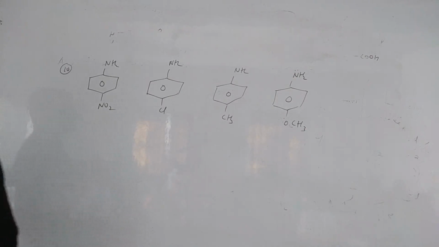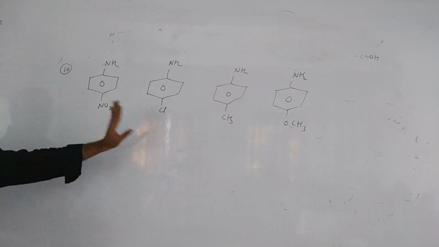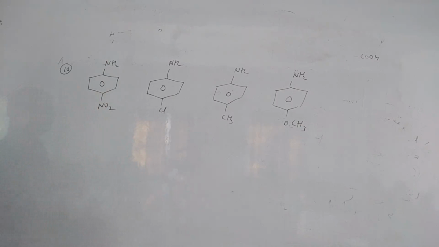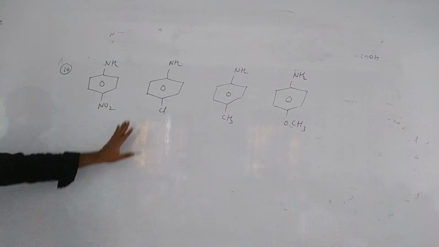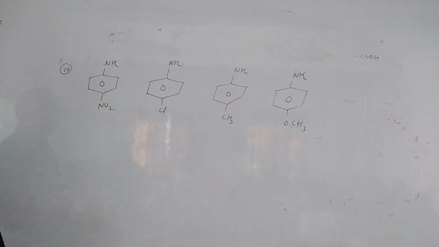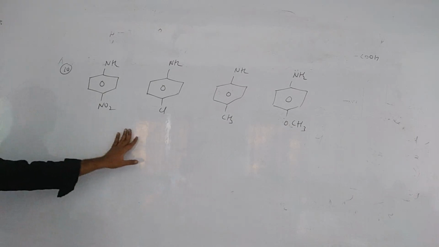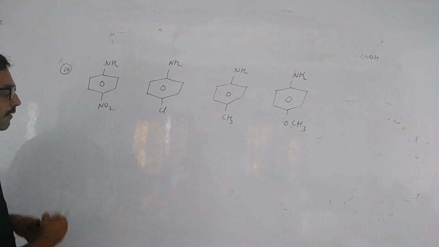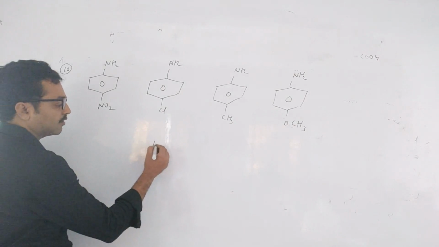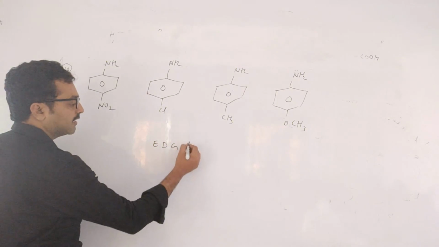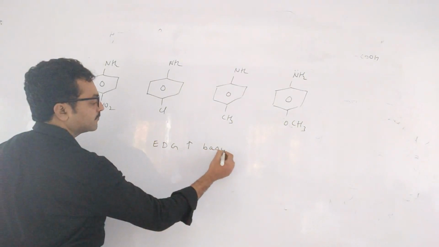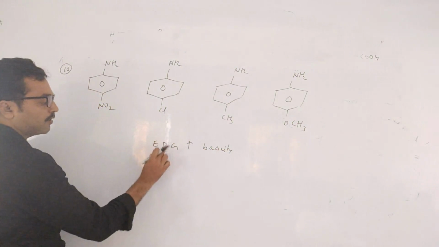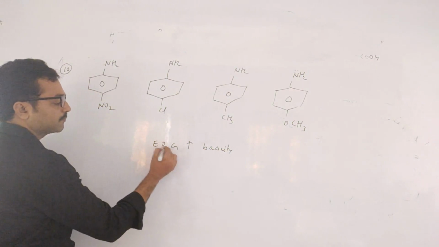Yeah, this one you tell which is more basic. Yes, you try. Which is more basic? Try the basic nature. So basically what happens now? Electron donating group increases the basicity. Donating group, or you can call it as releasing group.